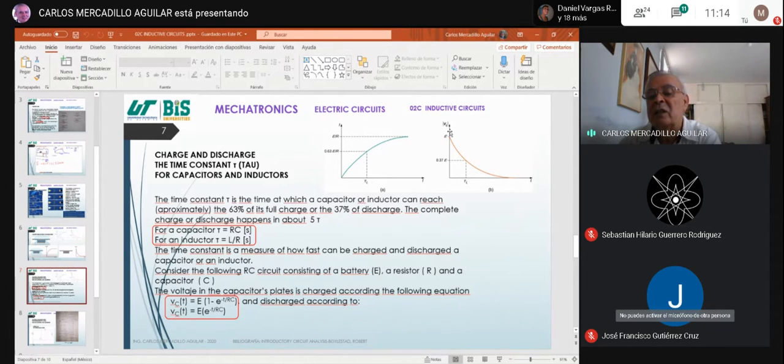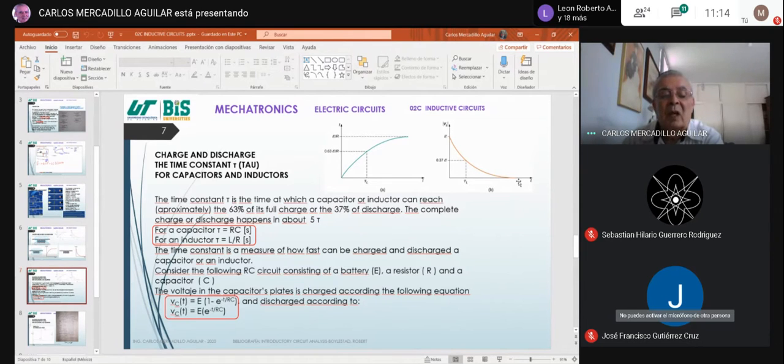In this case, we are talking about the voltage in the coil, the discharge from the value of initial voltage will follow this same pattern and will be finished after about 5 time constants.